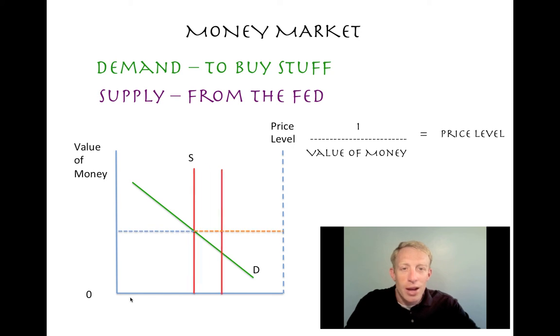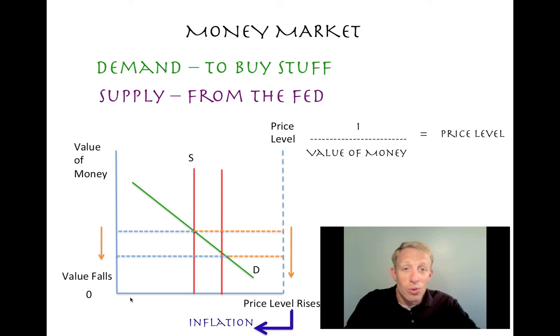If we follow that supply curve and find where the new equilibrium point is, we'll see that there's a greater quantity of money, but we also see that the value of money has fallen. That's what's going on the y-axis. But we also see, because it's the reciprocal, the price level rising, which simply means inflation.